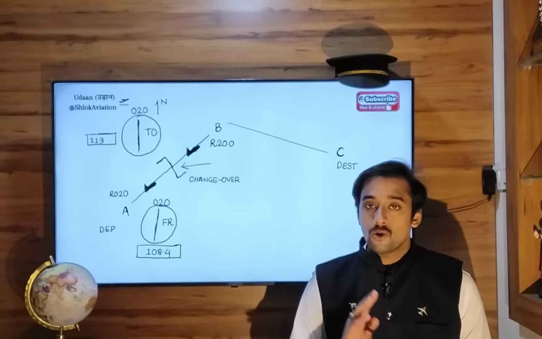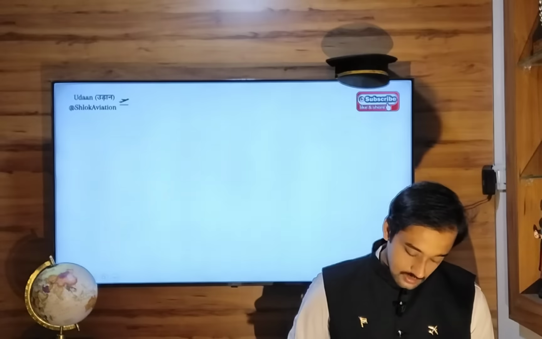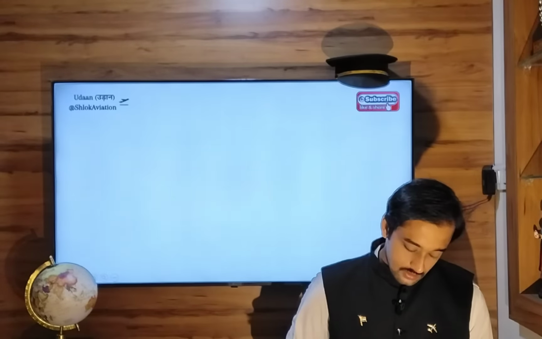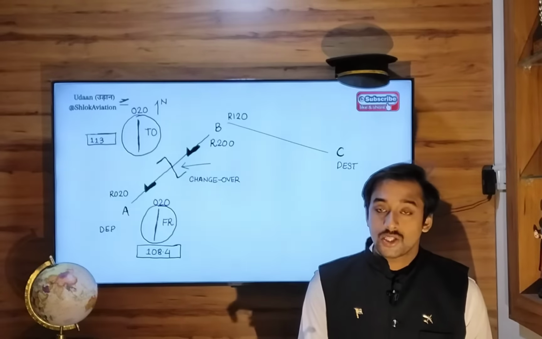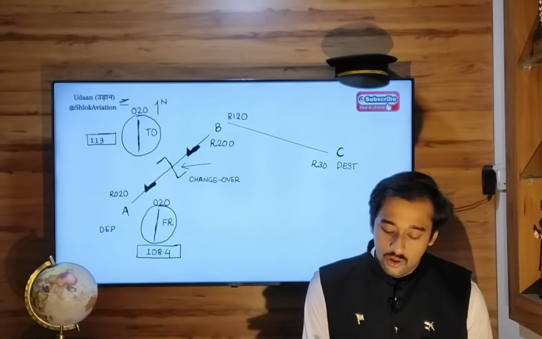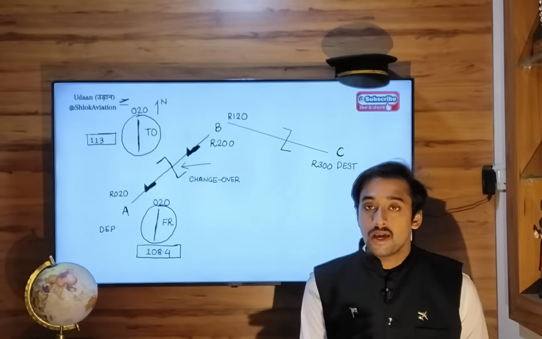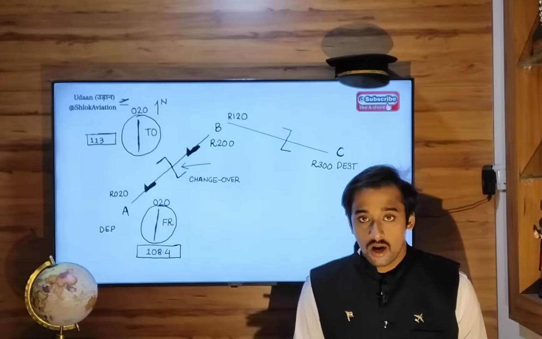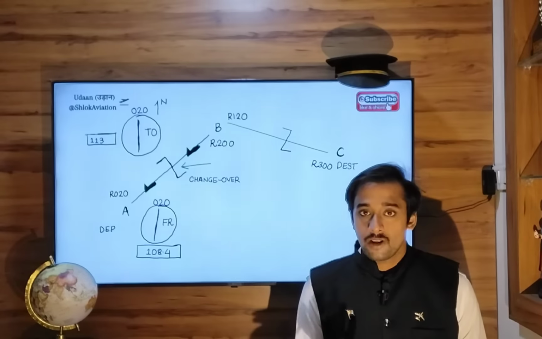Now going from Bravo to Charlie, let's say this radial is radial 120. For Charlie, the same thing will be radial 300. Now when you go from Bravo to Charlie, again there will be a changeover point depicted on the IFR chart, and when you reach that point, you change your frequencies.